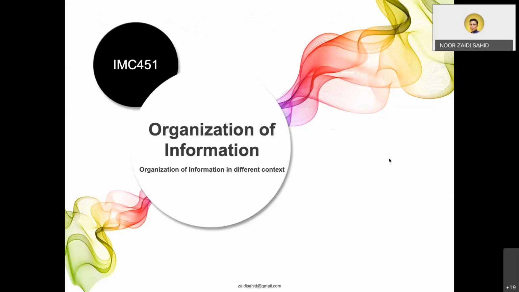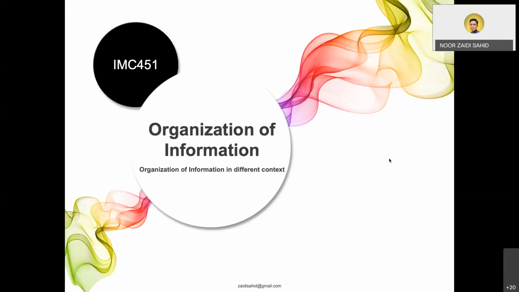So today is our week 3 topic, on the organization of information in different contexts. Basically, there are many contexts in which there is a desire to organize information so that it will be retrievable for various purposes, and so that at least some of it will be kept for posterity or as a national heritage.